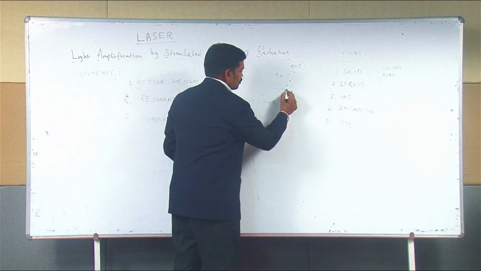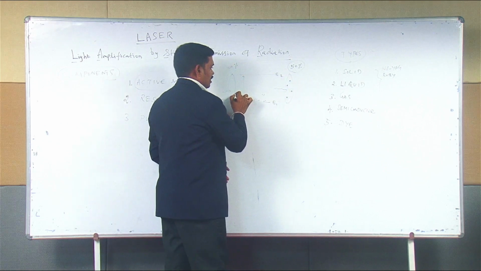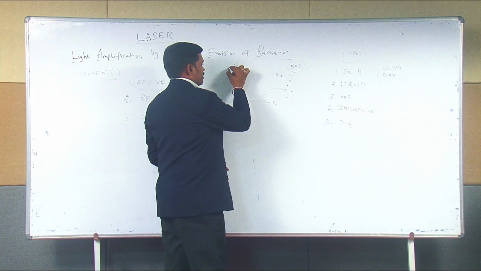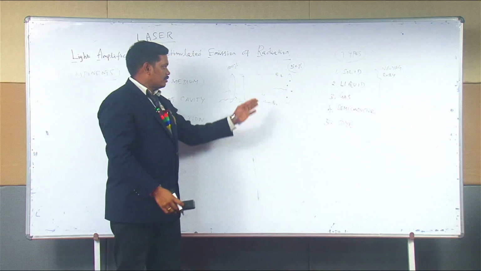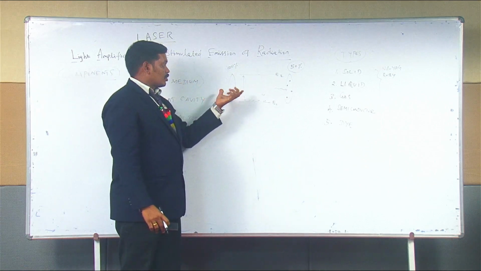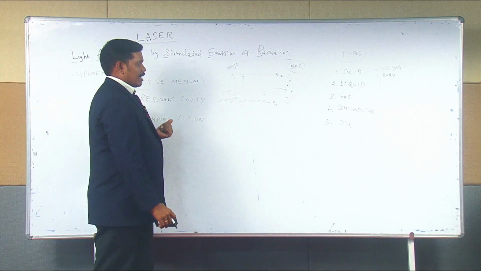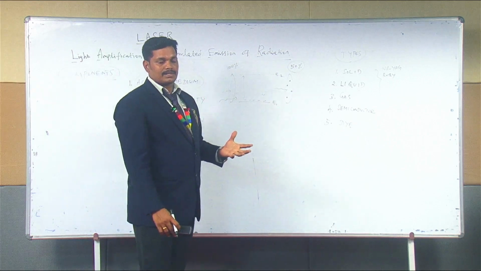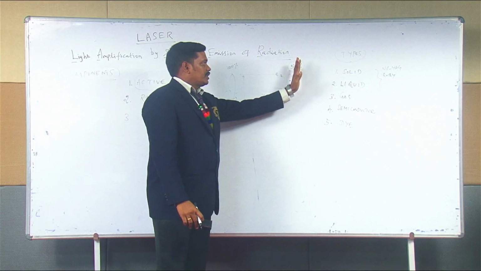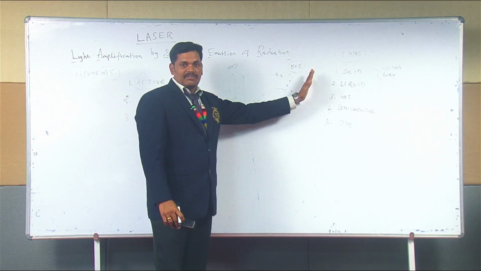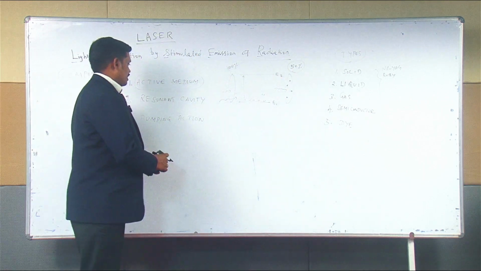It can bounce back on the remaining portions and come back here, and here we have a 100% reflecting mirror, so it will reflect everything incident on it. So these two play a very important role. That's what we call the resonant cavity. For all laser actions, the resonant cavity is very important. Through the 50%, or partially reflecting, mirror we will get the output. That's why it is the resonant cavity.